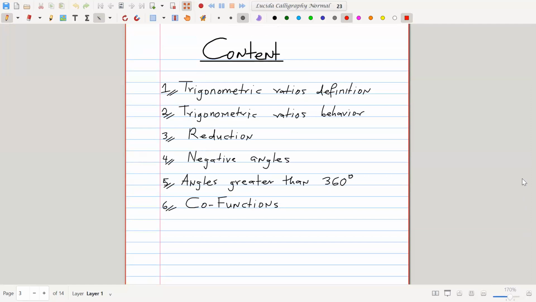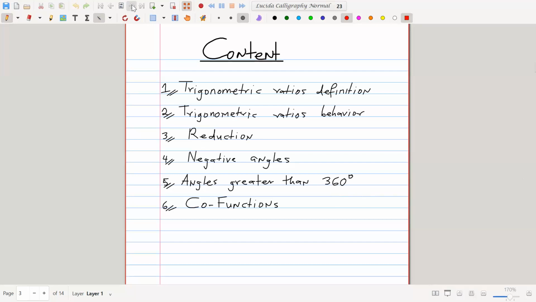So that's when we'll be looking at how to express trig ratios of a non-acute angle in terms of a ratio of an acute angle. And then we'll go on and look at negative angles. How do we deal with negative angles? And then the next one will be angles greater than 360 degrees. And then the last, I made this on purpose, which is four functions. That's the interesting topic that we need to cover there.